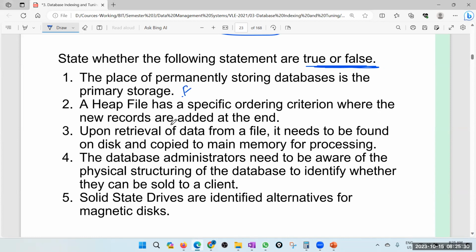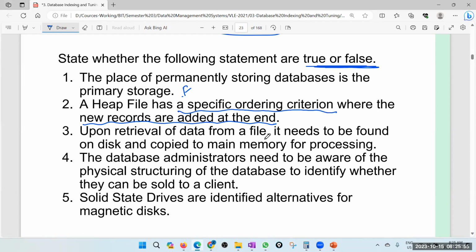So that is false. A heap file has a specific ordering criterion where the new records are added at the end. Okay, that is a very strange statement anyway. The new records are added to the end is correct. But a heap file has a specific ordering criterion?